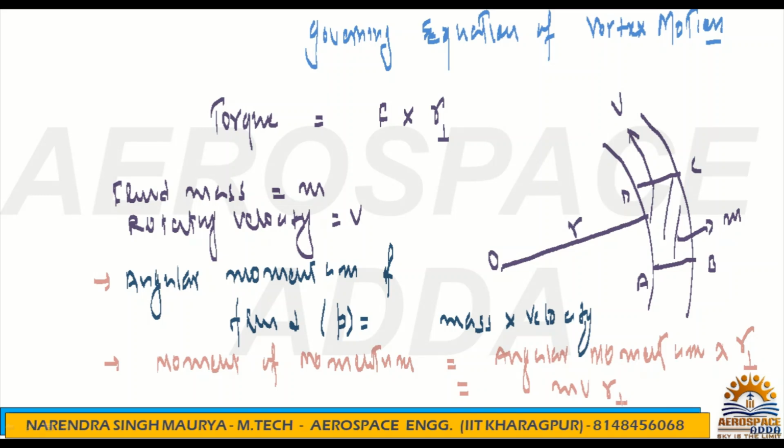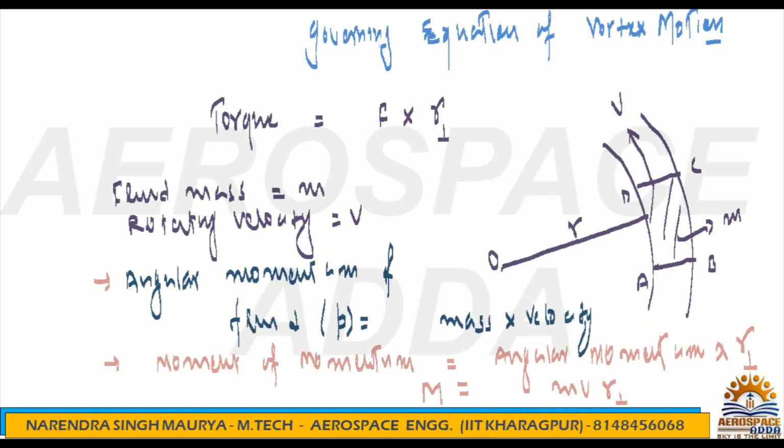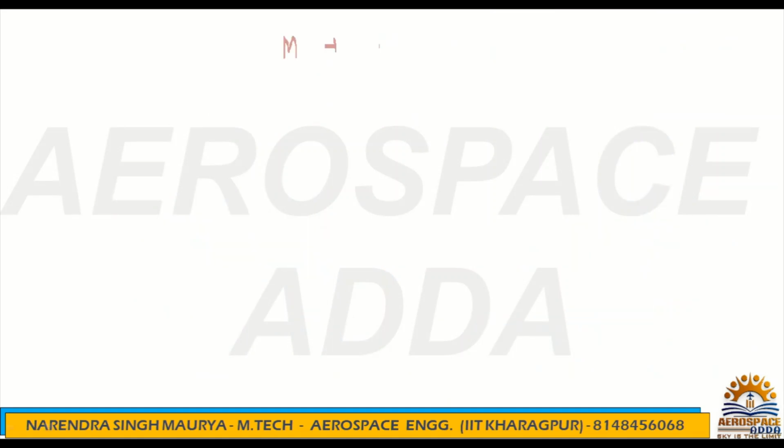This is the moment of momentum, which I can write as capital M. So capital M is nothing but angular momentum into perpendicular distance.